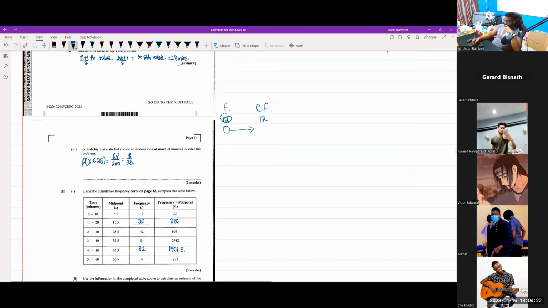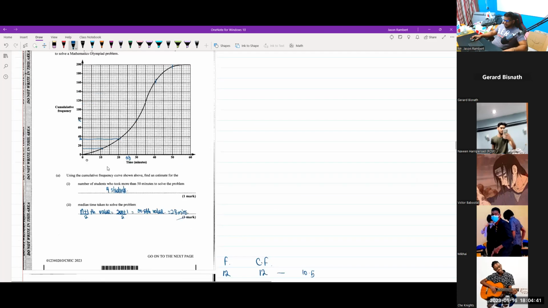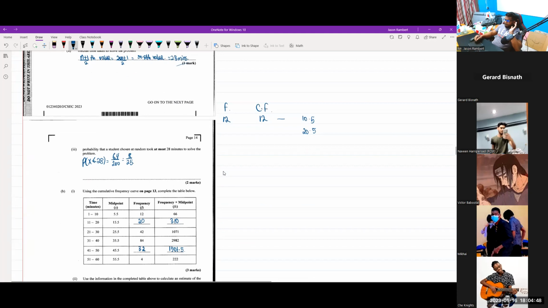Yes, sir. So this is for my first class interval, which has an upper class boundary of 10.5, correct? 20.5, let me see what we get for 20.5 from the graph, and that will go in my cumulative frequency column. At 20.5, it's looking like we get 36. Again, 36 here. So this 12 plus this will give me 36.